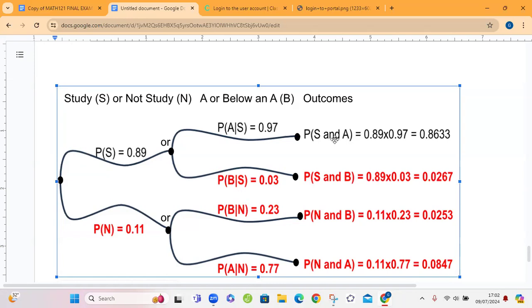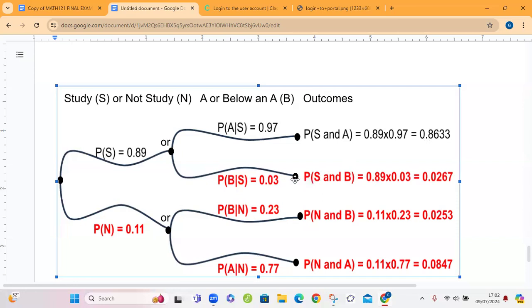And to calculate this probability, we simply multiply along the branch, 0.89 times 0.97, using the rearrangement of the conditional probability formula. 0.89 times 0.97, 0.8633.